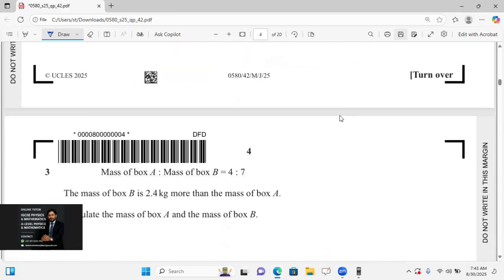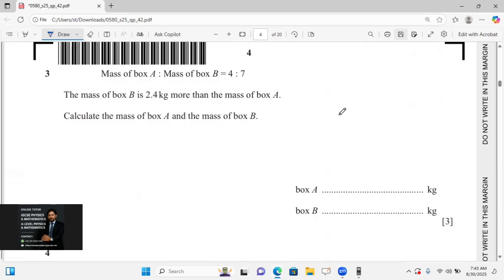Let's move to question number 3. Here he is saying that the mass of box A and the mass of box B are in the ratio 4:7. It means 4/7 is equal to the mass of box A over the mass of box B, which is 2.4 kg more than box A. So box A I say, let's suppose, is x, and below will be x plus 2.4.